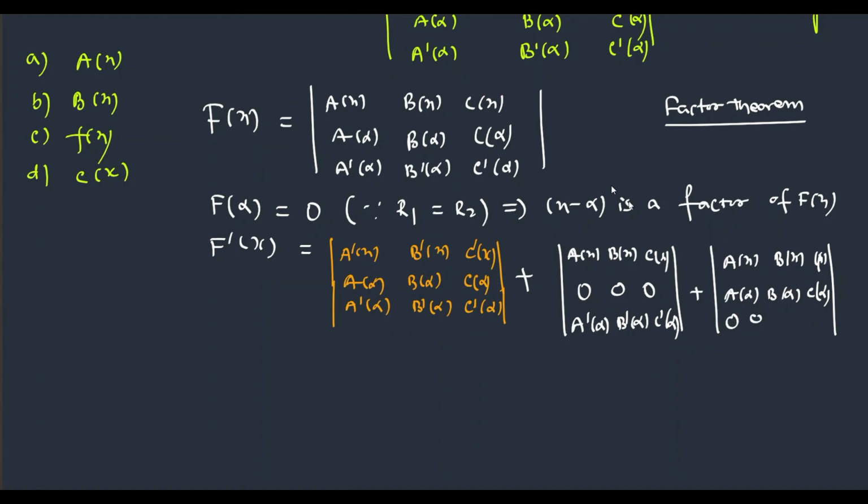As a result these two determinants become 0 because all the elements of one row are 0. So this will give you the 0 result, you have only this part.